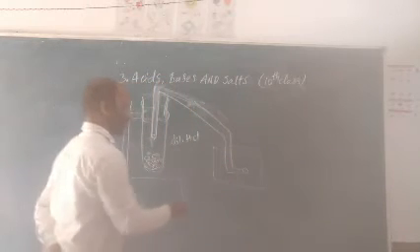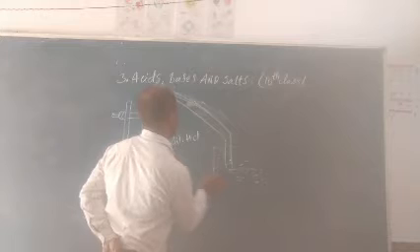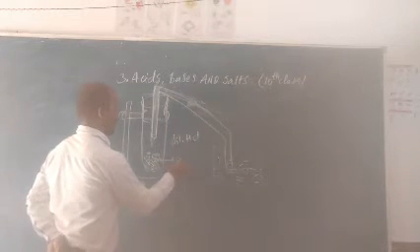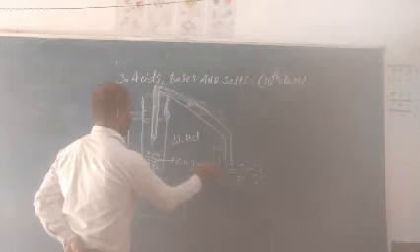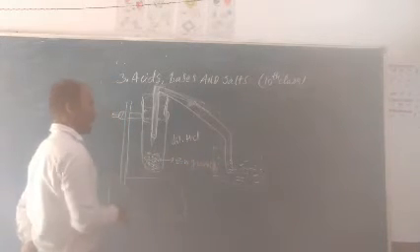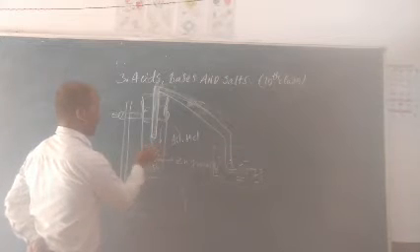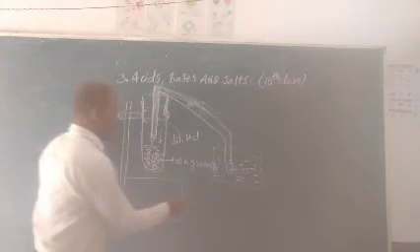Is it clear now? So this is the soap water solution. What will happen here? When these zinc granules are kept in this test tube and some dilute HCl is added to them, a reaction occurs.